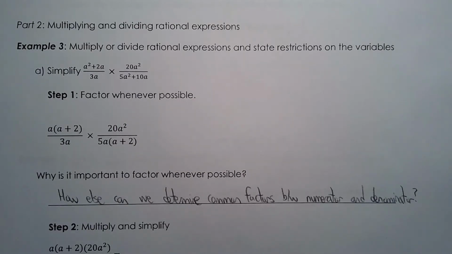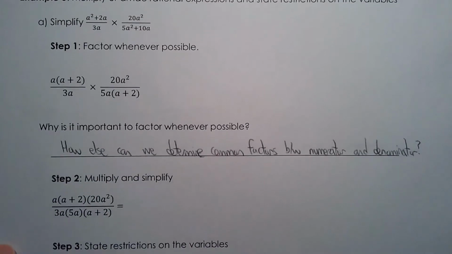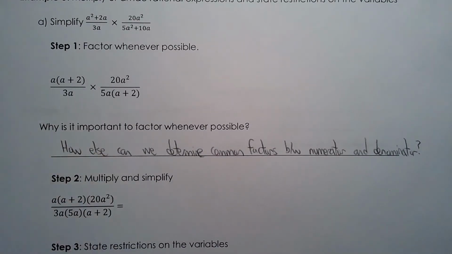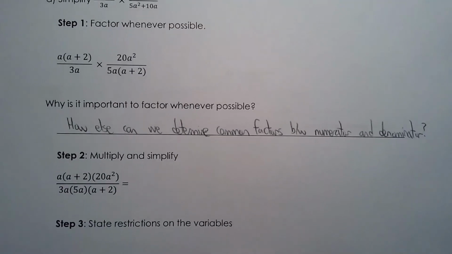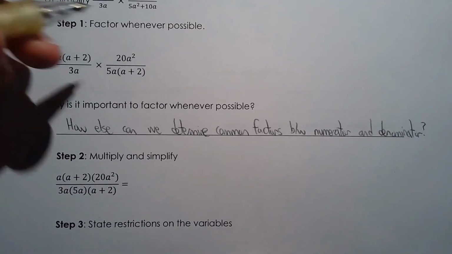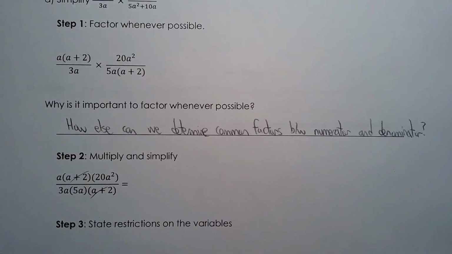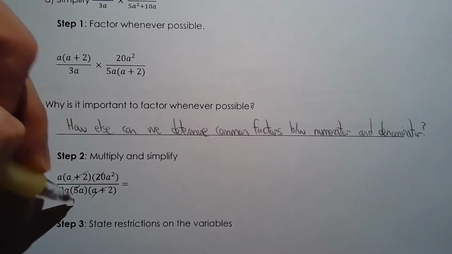So for the way I wrote step 2, I didn't cancel the common factors earlier. I could have done it, but I didn't. But anyways, we'll do it here now. Okay, so I'm going to say, oh, a plus 2. Nice, common factor. Between 20 and 5, there's a common factor of 5. Okay, I have a common factor of a here.